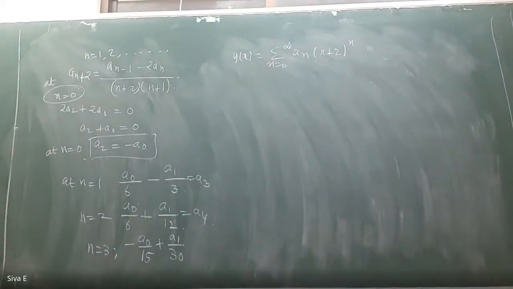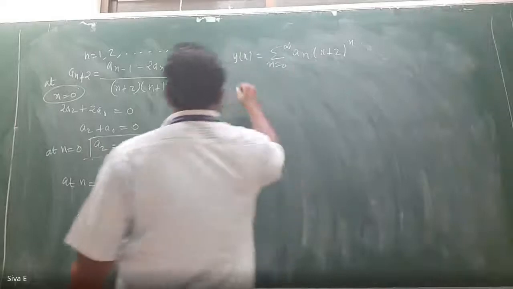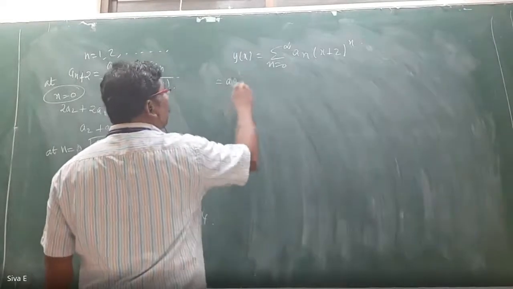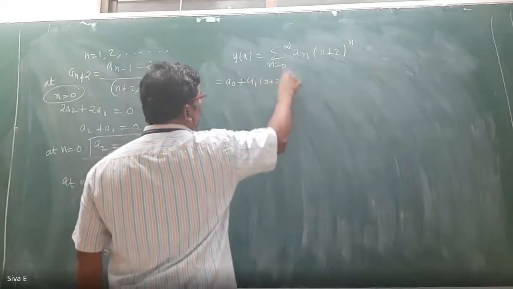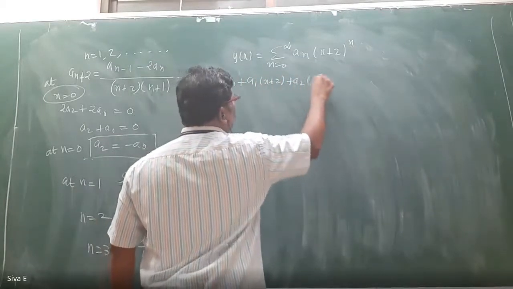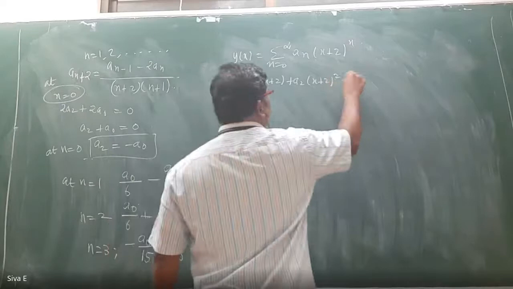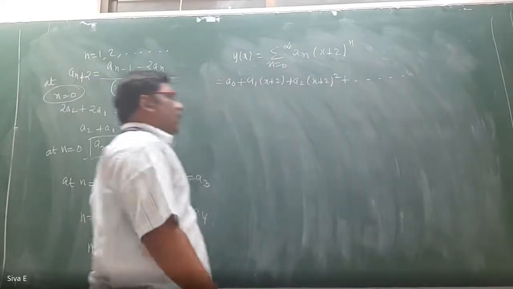So that is a naught plus a1 into x plus 2 plus a2 into x plus 2 whole square plus etc., up to infinity.